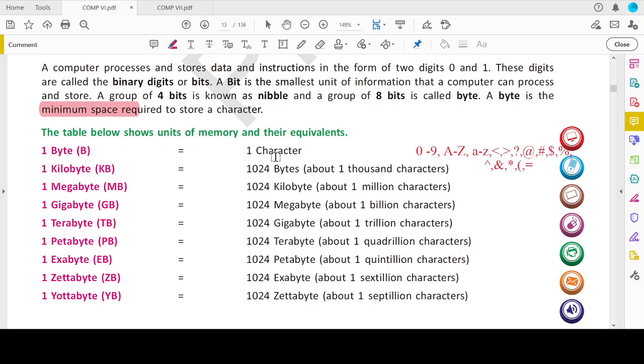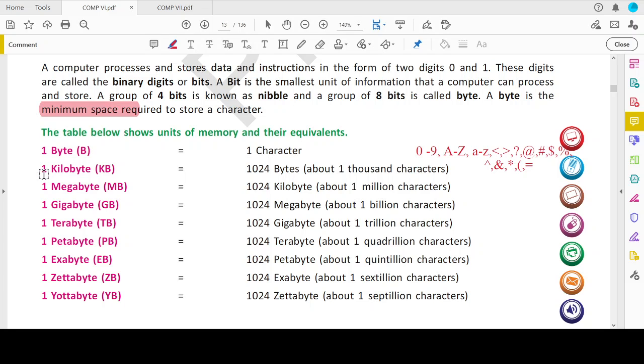So if your name has 5 letters, then how many bits are you using? You are using 5 into 8 is equal to 40 bits, because each character has 8 bits or a byte, and you are using 5 bytes. So there are 5 characters in your name, and you are using 5 bytes or 40 bits.